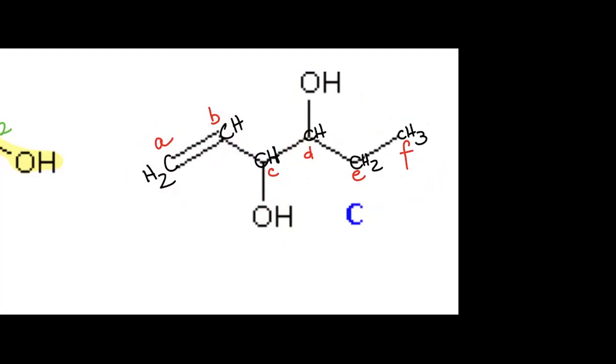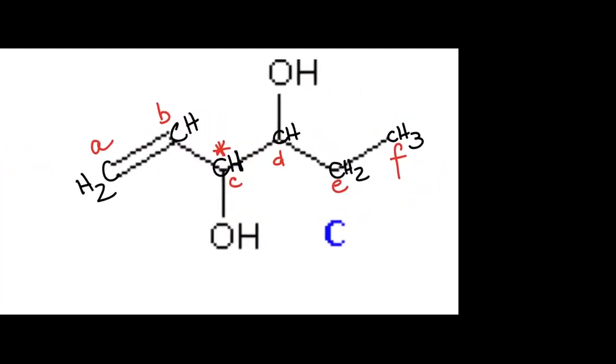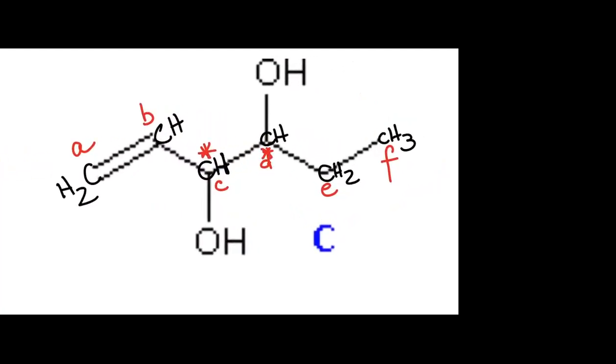So again, I'm going to draw an asterisk around C. Next, let's look at D. Carbon D, I agree. This is also a chiral carbon. What are the things attached to it?